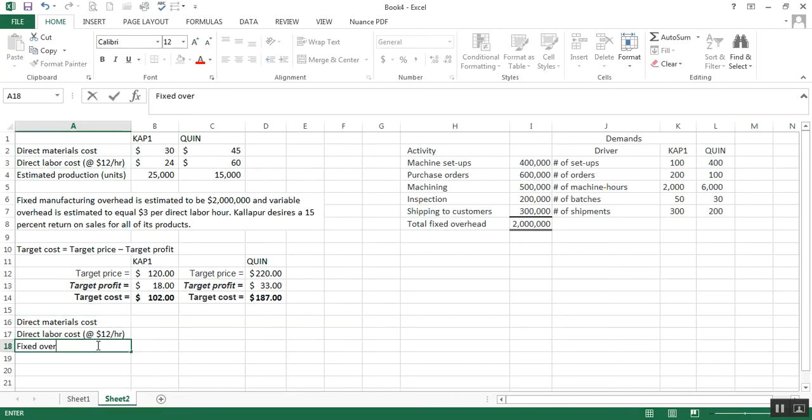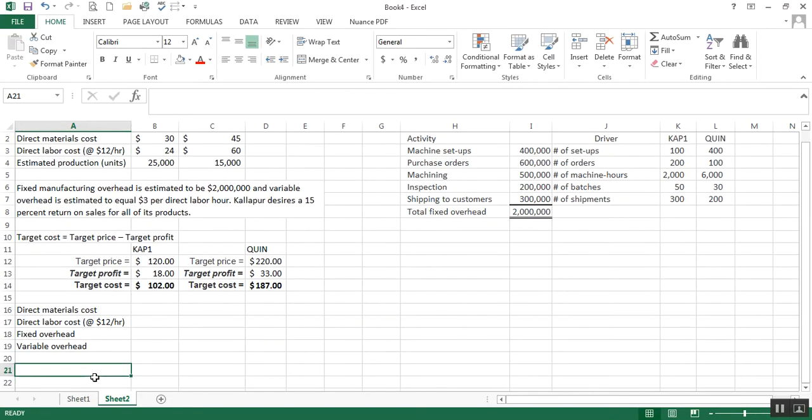Here we have fixed overhead and variable overhead. So the first thing we need to do is calculate our fixed overhead per unit. We're given it in total as $2 million. Okay, so our total fixed overhead is $2 million.